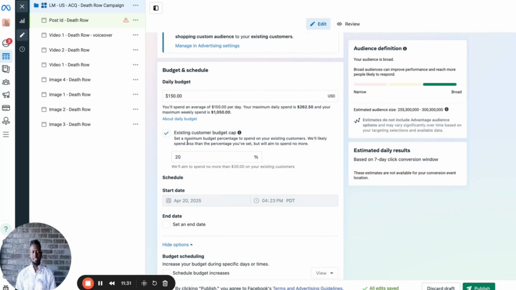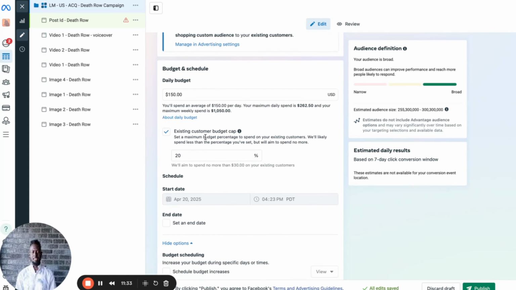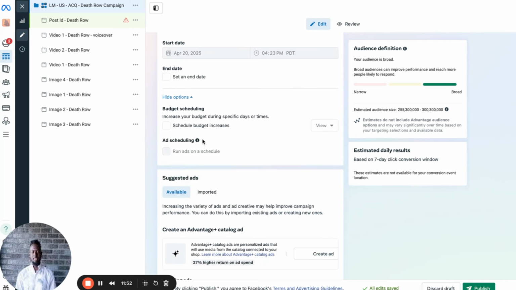Over here, where you see the existing customer budget cap, we put just about 20% of the overall budget towards remarketing. We don't need to run any additional remarketing campaign. Obviously you can, but on that specific acquisition campaign, we had 20% of the overall budget go towards remarketing, or existing customers, and the other 80% was going after net new customers.